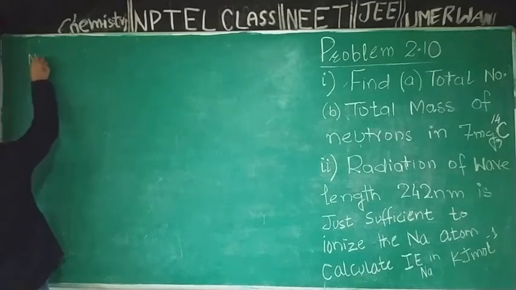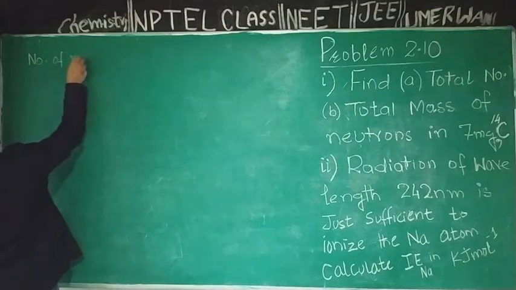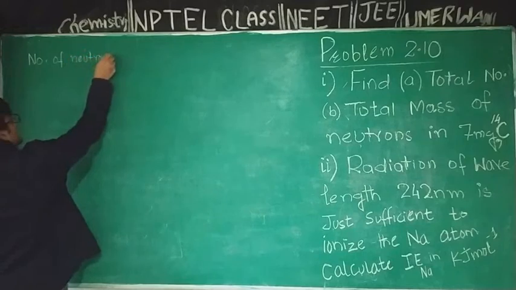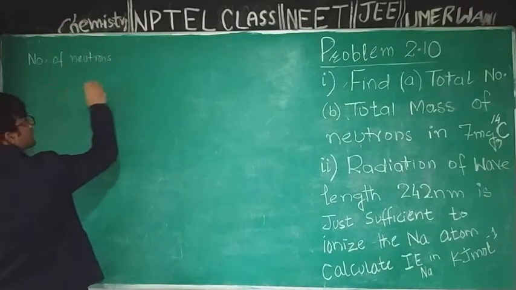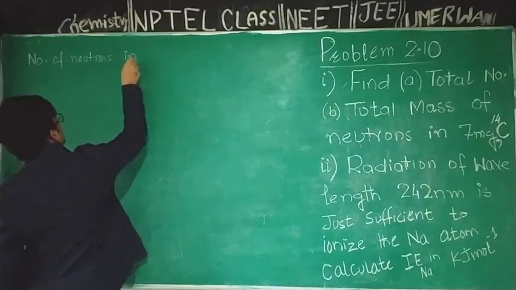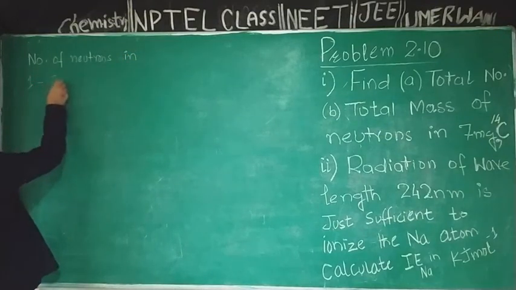I will calculate first the number of neutrons in 1 carbon 14 atom.